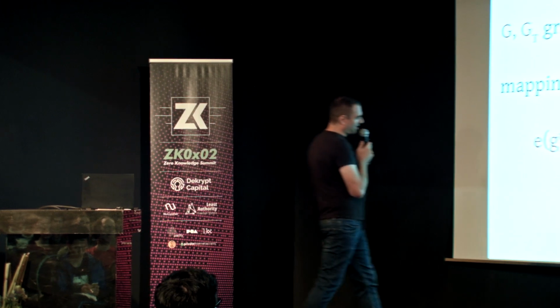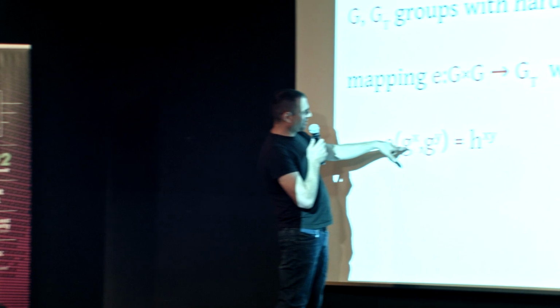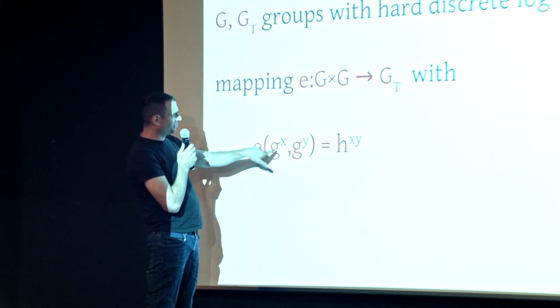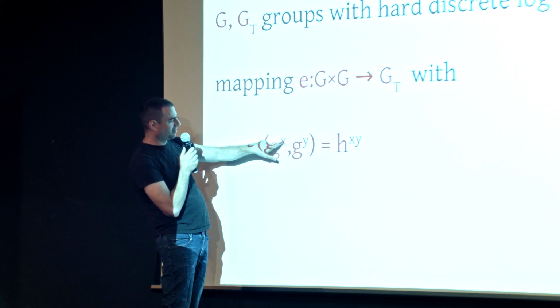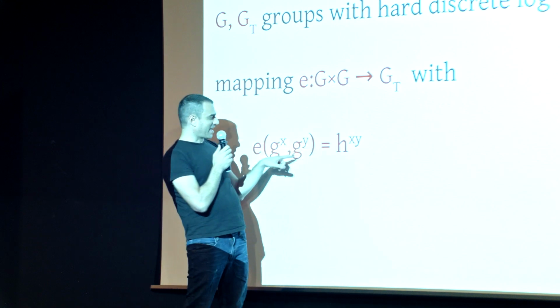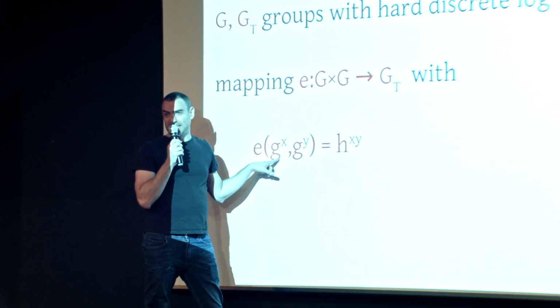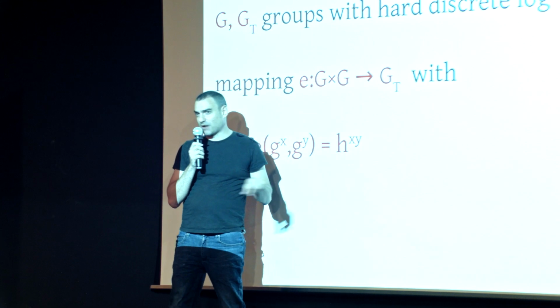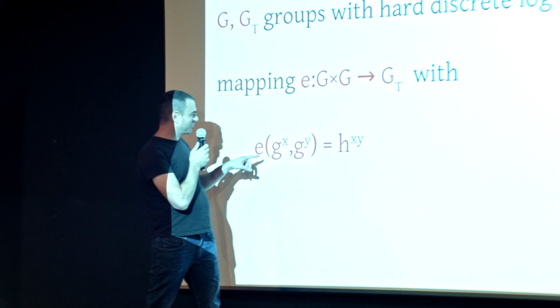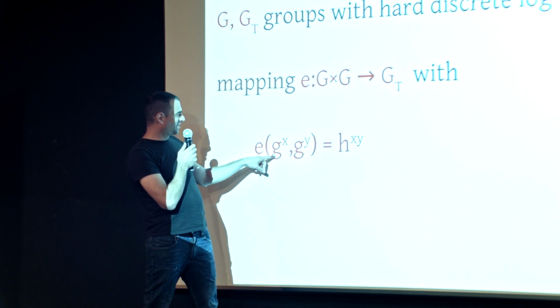So basically, what does this pairing map allow me to do? If you give me g to the x and g to the y, I can't compute exactly g to the x times y, right? That would totally contradict computational Diffie-Hellman.